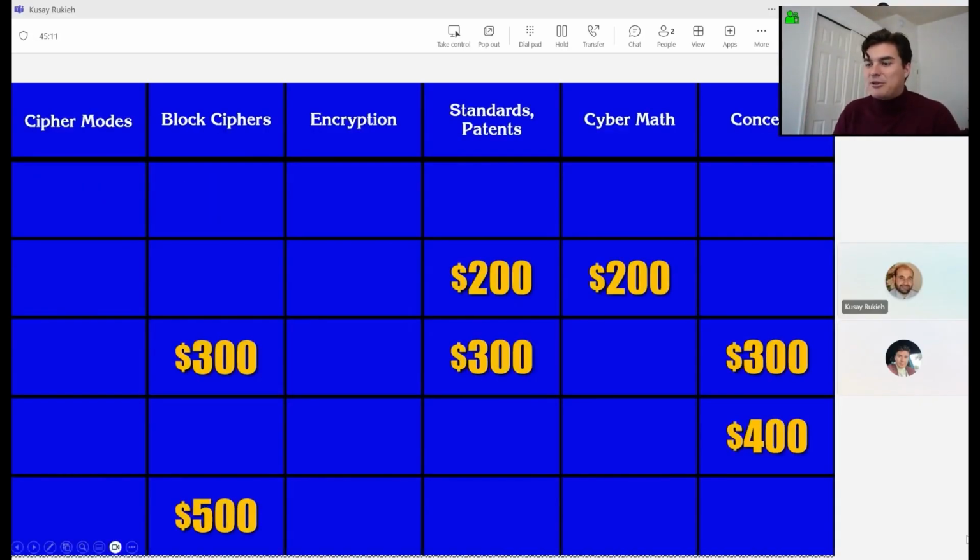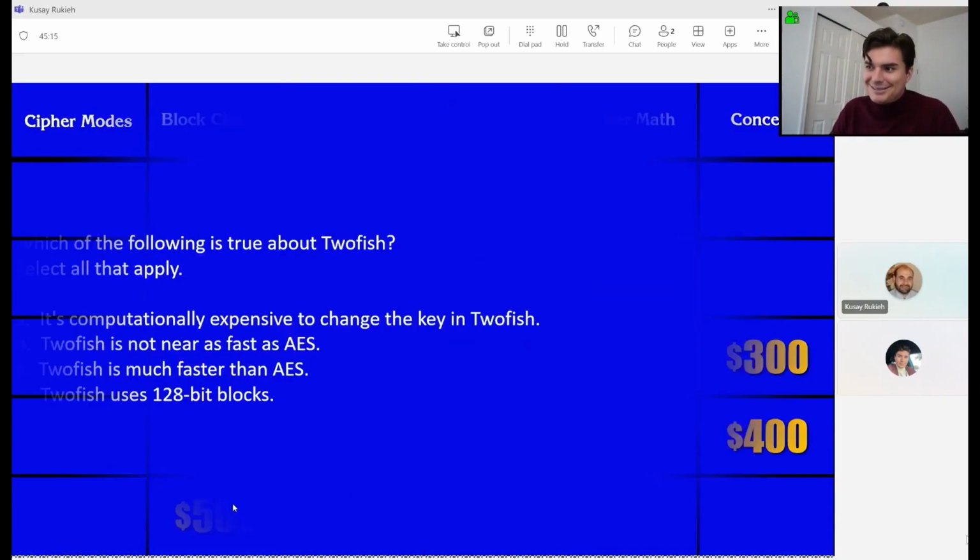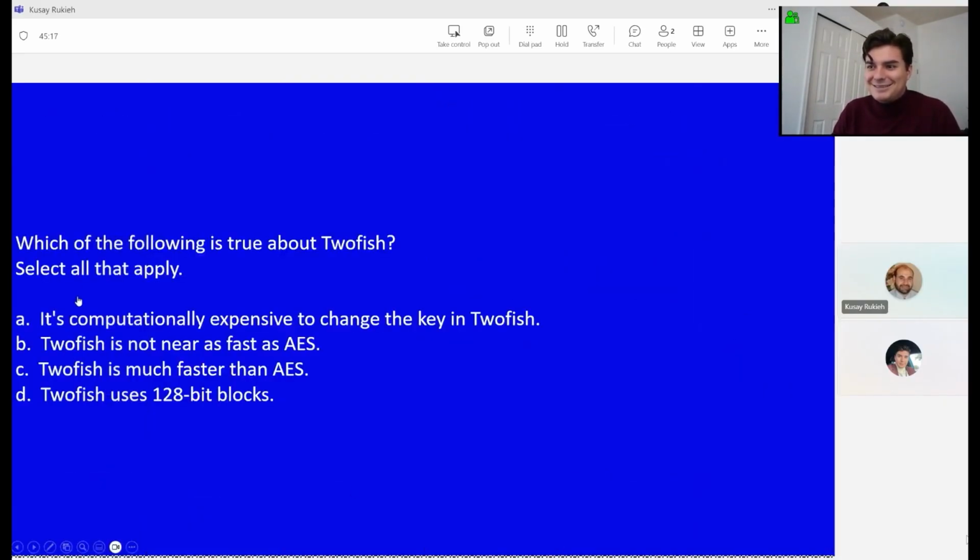Okay, let's go with block ciphers for $500. What's the fine true about Twofish? This one, give me 3. Let's say that Twofish is much faster than AES.